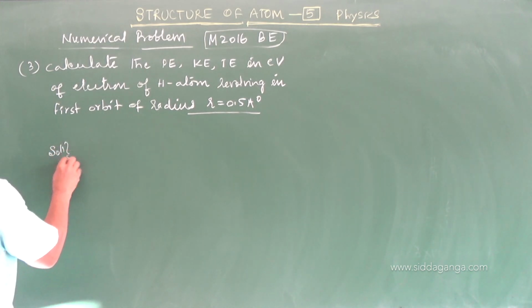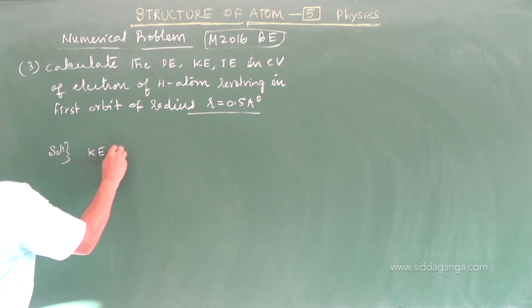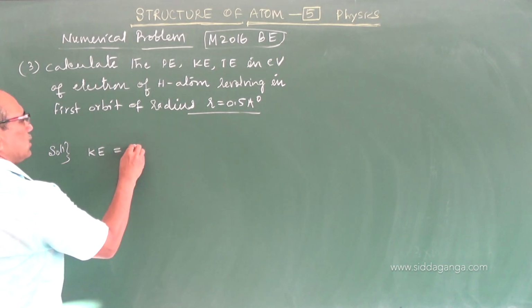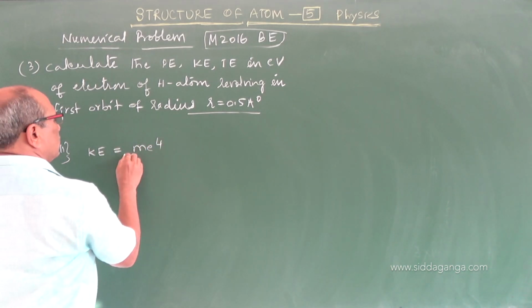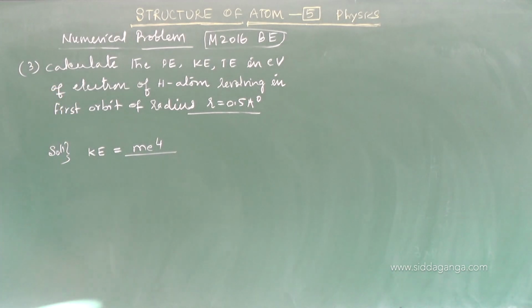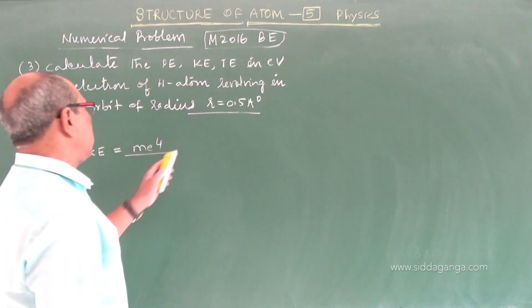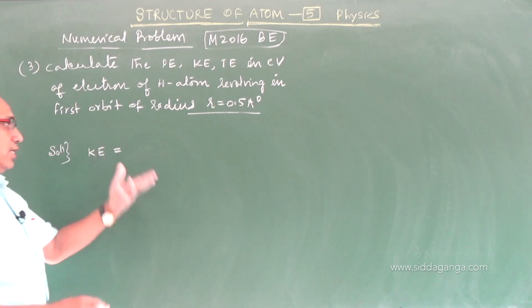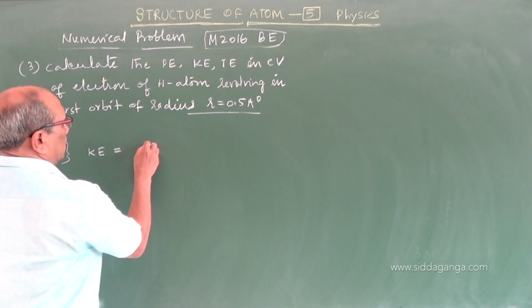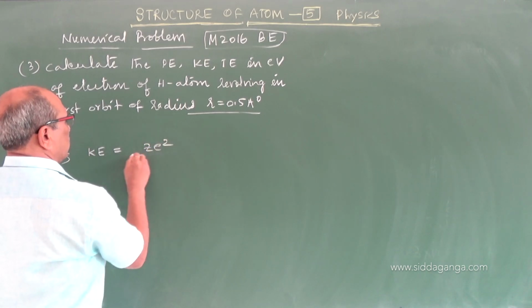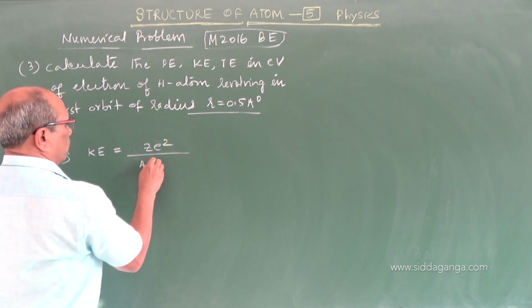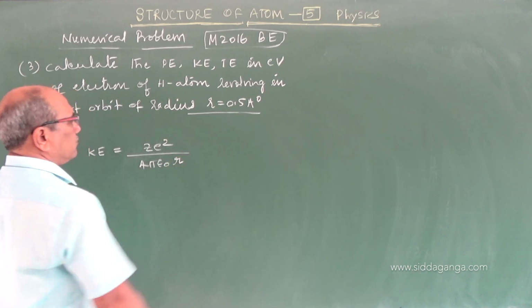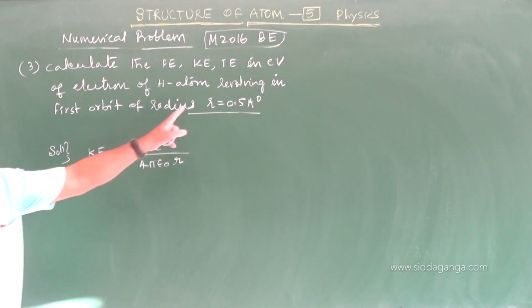See, the kinetic energy is required. The actual relation we write is m e to the power of 4, otherwise you have to recall that relation. Radius is given, so you have to express the kinetic energy in terms of radius, that is z e square by 4 pi epsilon naught r, because r is given.